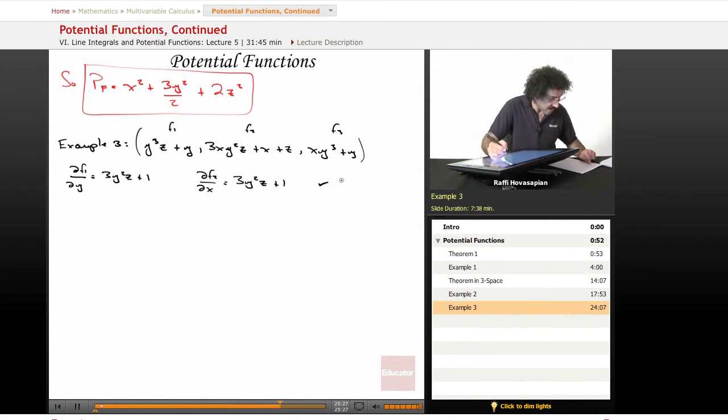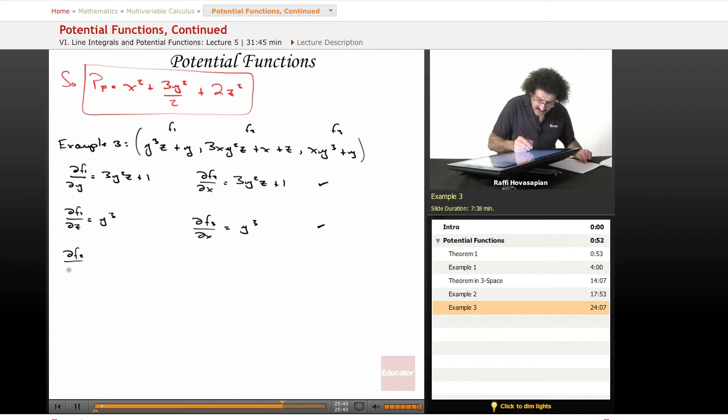So that checks out. Now df1 dz is equal to y cubed, and df3 dx is equal to y cubed. So that checks out.